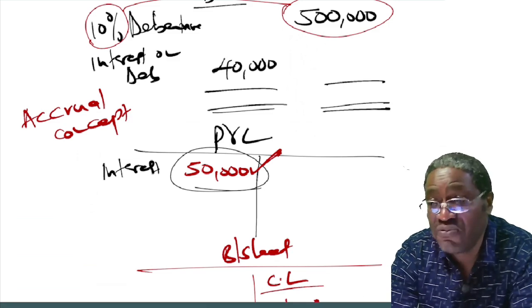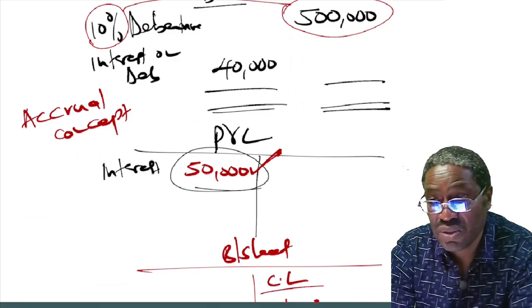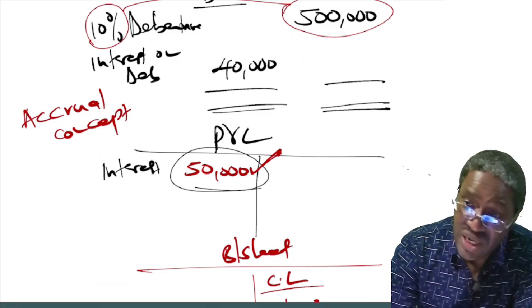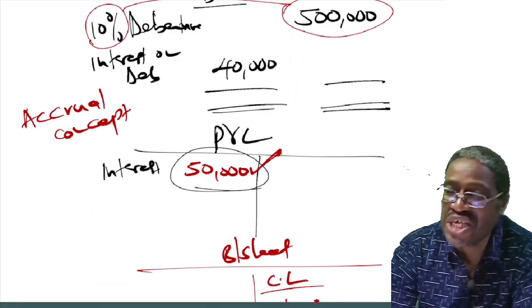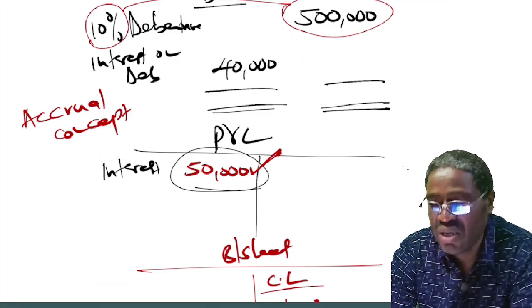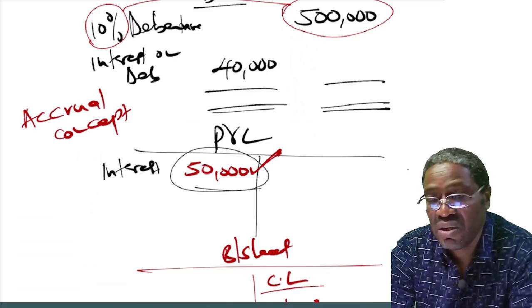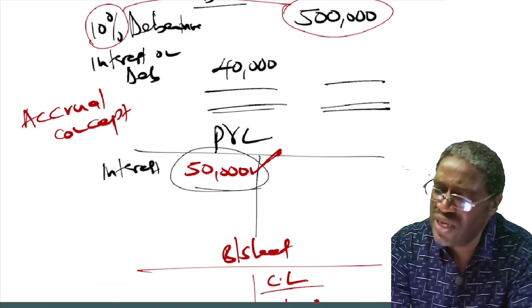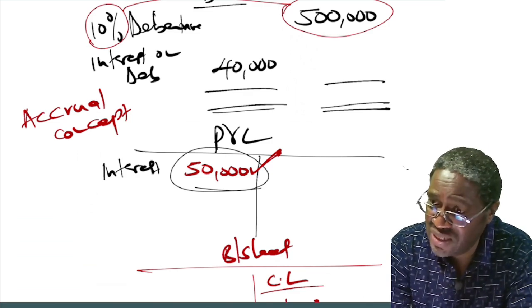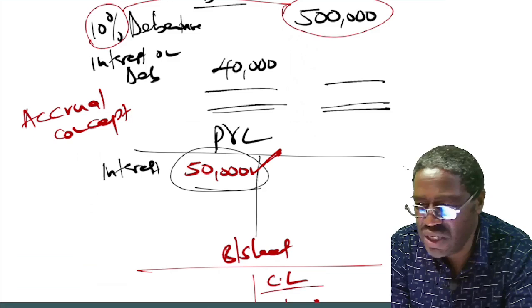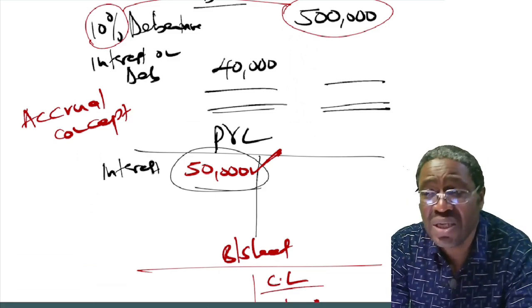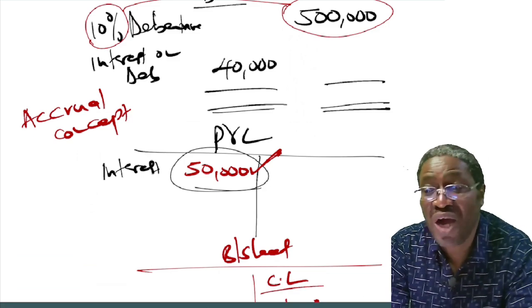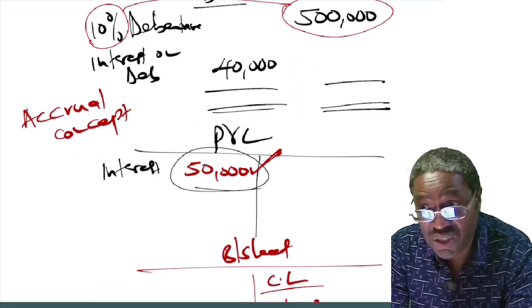You paid 40 from our illustration. But when you are doing the income statement, you took the charge for the year, which was 50. So that 50 is not something you paid. It's just a bookkeeping entry. What you actually paid was 40.